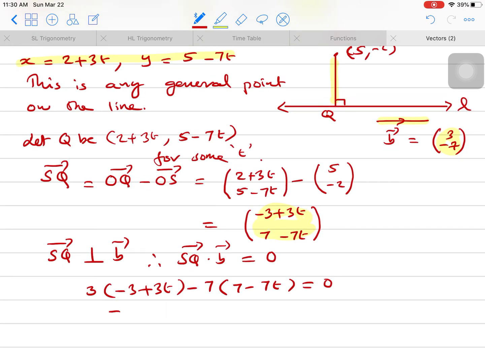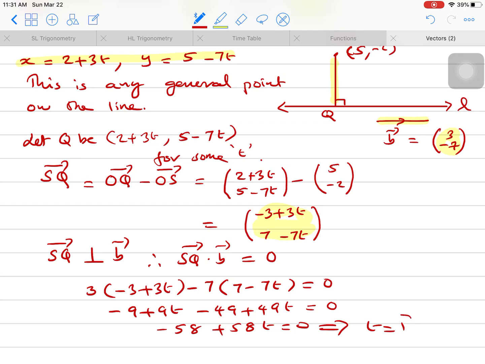So that's negative 9 plus 9t, negative 49 plus 49t is equal to 0. So I get negative 58 plus 58t is equal to 0, which implies t is equal to 1.